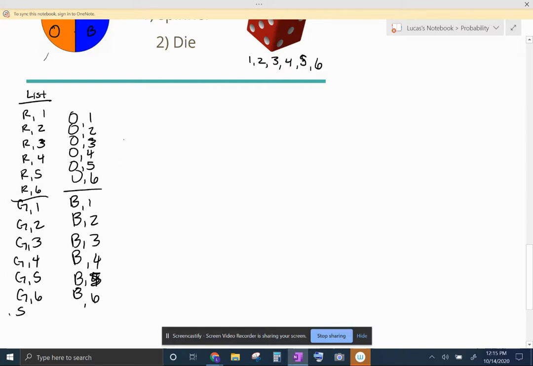And so I can also make a tree diagram. So my tree diagram will have as many trees as the first event has. So I could first do a red. So this is going to be the first event, and these will be the second event. I could first do a red, and then I could do a green, and then I could spin for the first one, I could also spin an orange, and then I could also spin a blue.